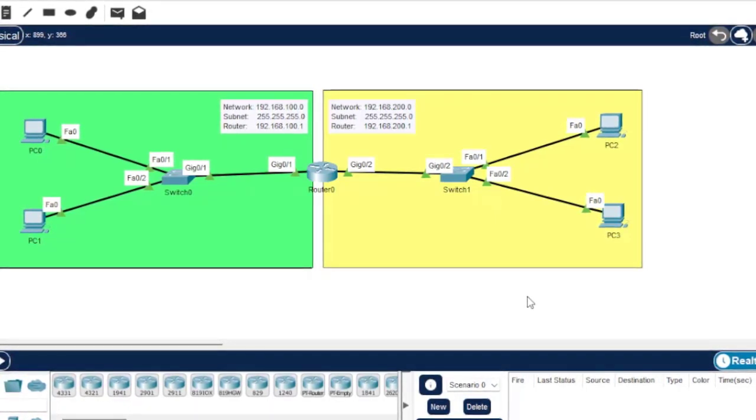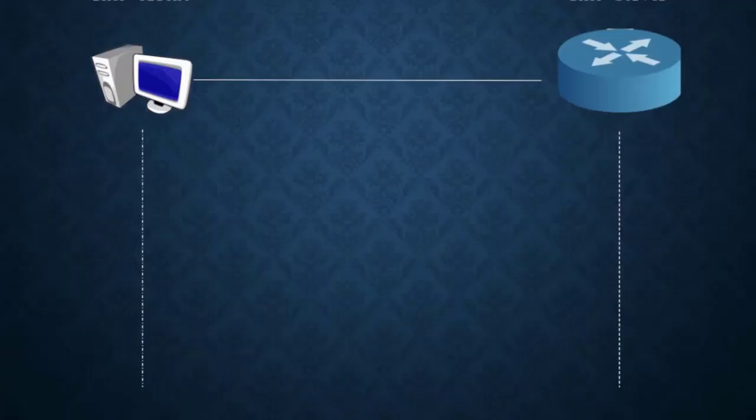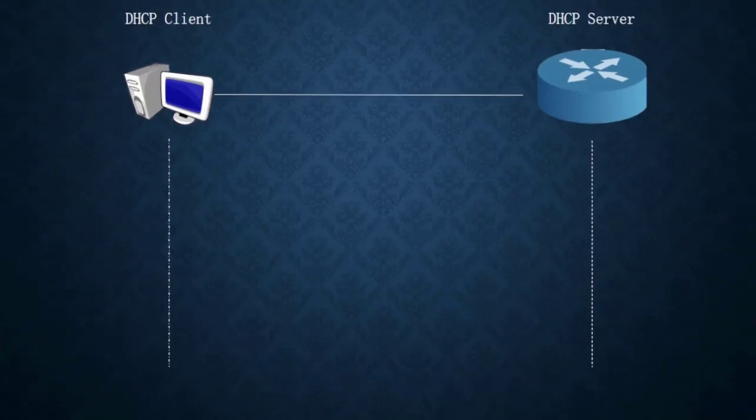Before diving into the configuration part of this lab, let's understand the basics of DHCP and the DHCP message flow between a DHCP client and a DHCP server. DHCP stands for Dynamic Host Configuration Protocol, which is used to automate the process of configuring devices on an IP network.